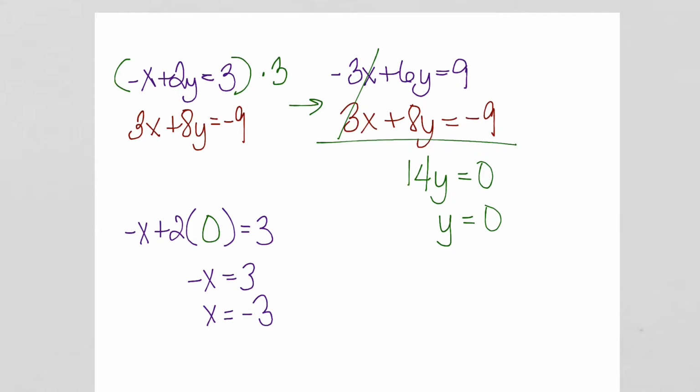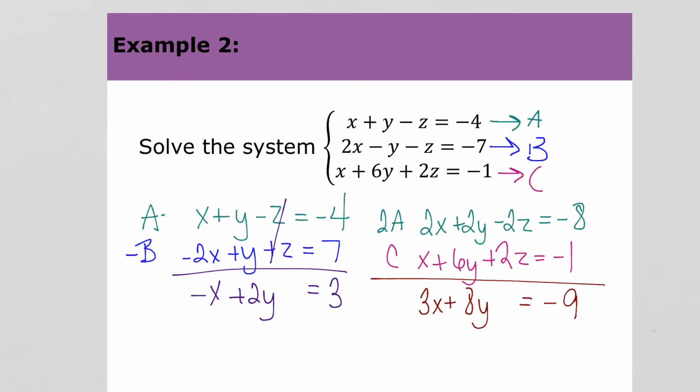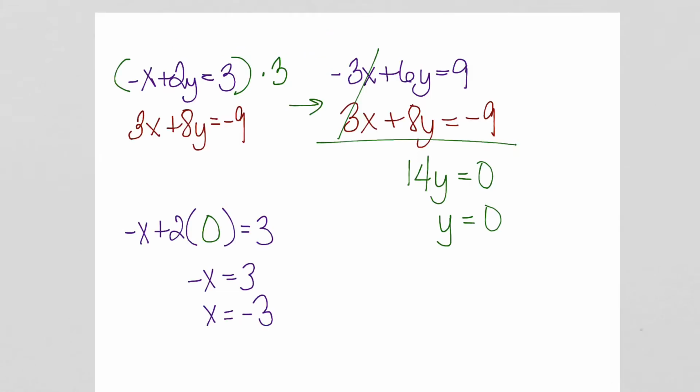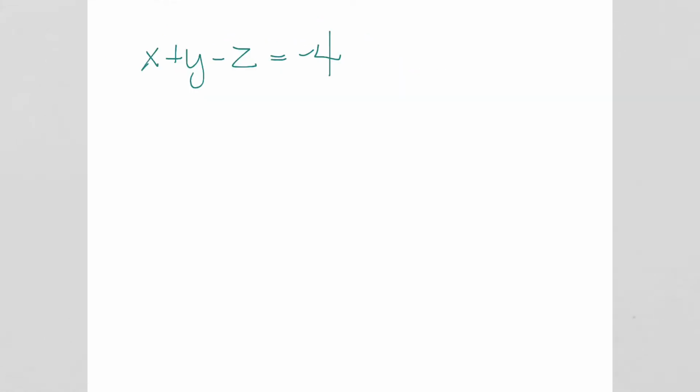And last, we need to pick one of the other equations. I'm going to pick the first one, A, and plug in for it. So the first equation was x plus y minus z equals negative 4. We found x to be negative 3.